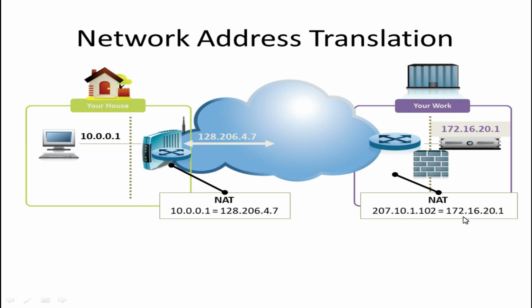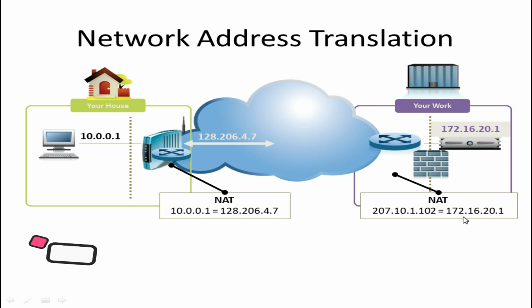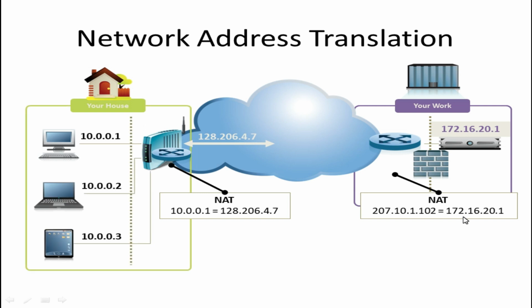So you can see your private IP is 10.0.0.1, which is NATed to the public IP 128.206.4.7. Currently all of the NATing shown on this slide is one-to-one. But what if in your home there are many more PCs which want to communicate with your work environment?